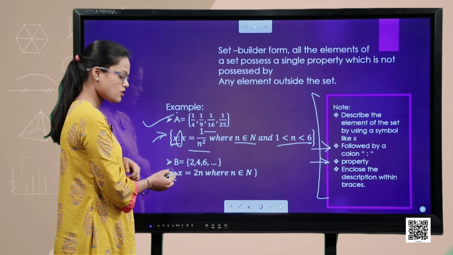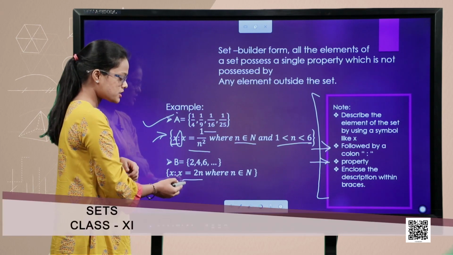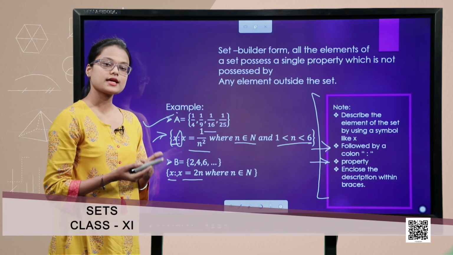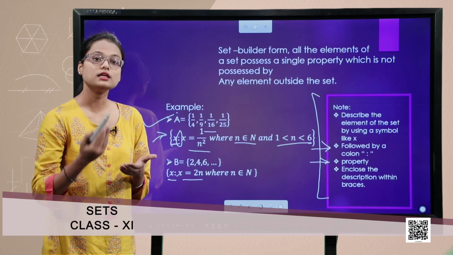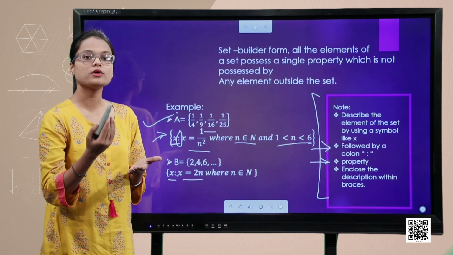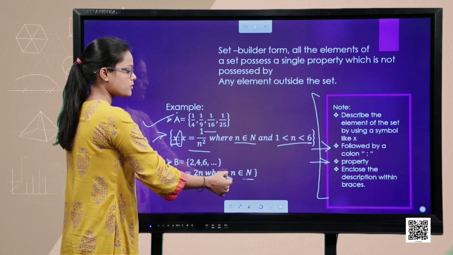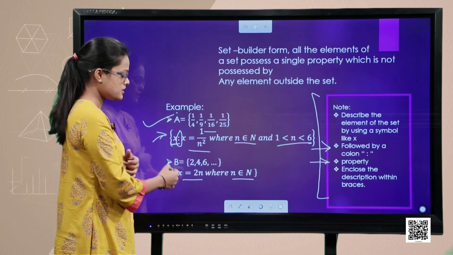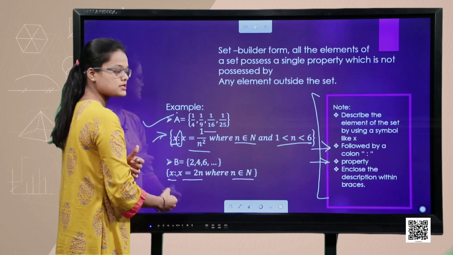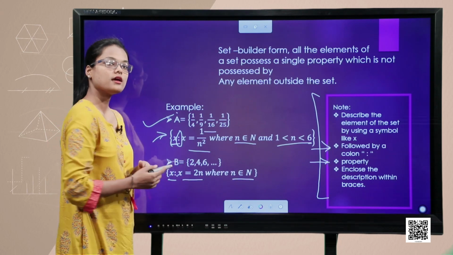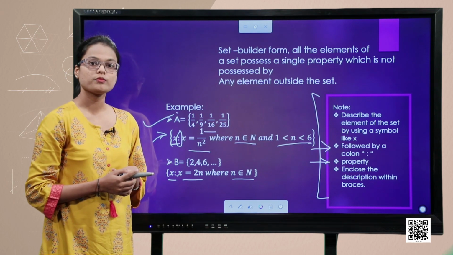So, x colon property. What is the property? That x is equal to 2n. 2n is representing that the elements are even and n is coming from naturals, written in curly braces. So, this representation is representing a set in a set builder form.